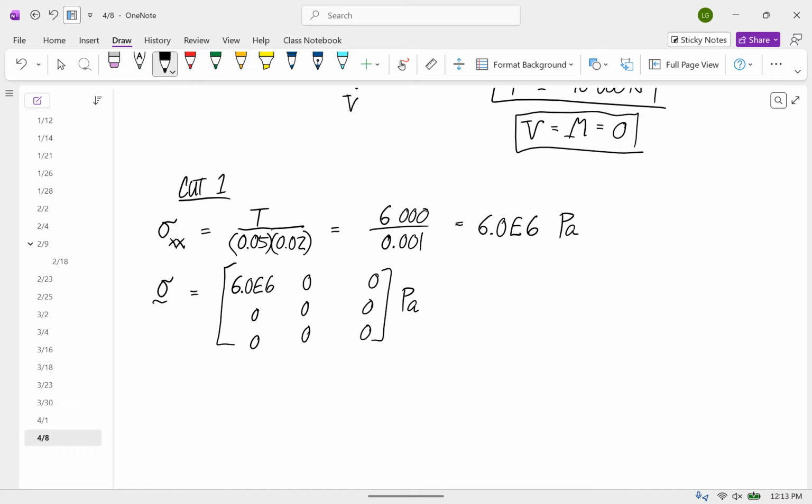So for aluminum, we'll call this 70 gigapascals, so 70 times 10 to the 9 pascals. And the Poisson's ratio we'll call 0.33.